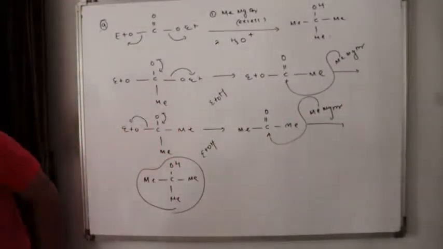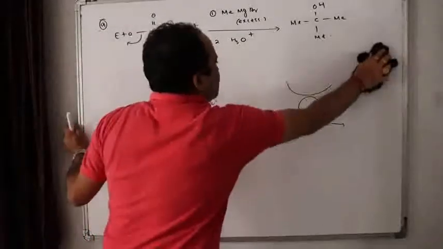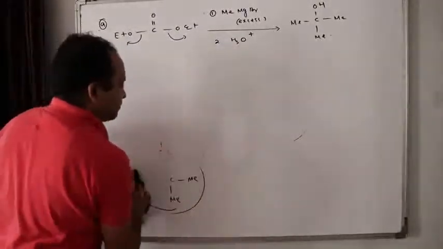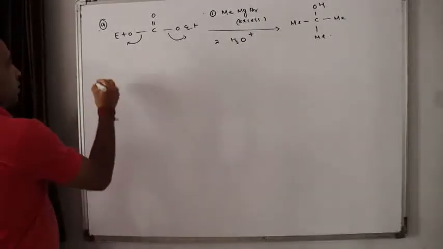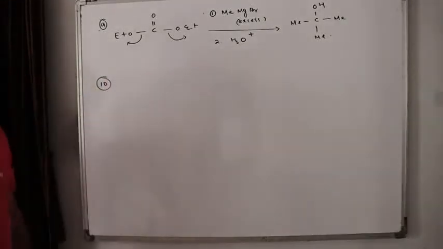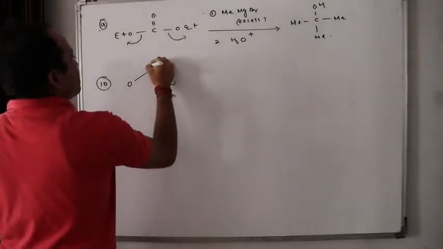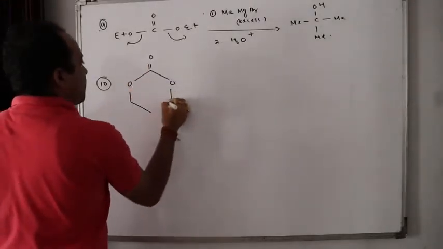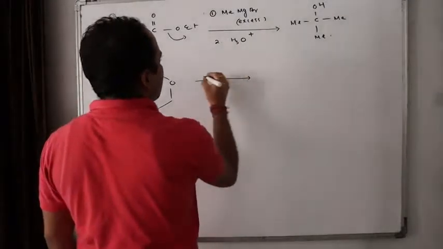Let me do some practice questions. Can I rub this? Just pause it and solve it. No, it's not 10. Tell me quickly. This is given, so this is the same thing.